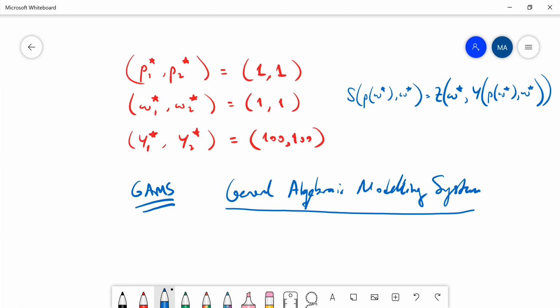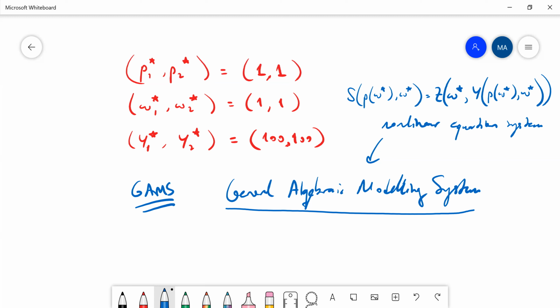And this is nonlinear. So this is a system of nonlinear equations. So we use GAMS to solve this system, and of course there's calibration involved in this particular solution as well.